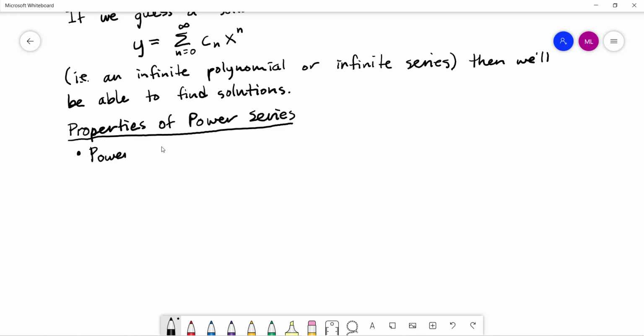So first things first, power series are functions and they can be used to represent functions, in particular non-elementary functions.